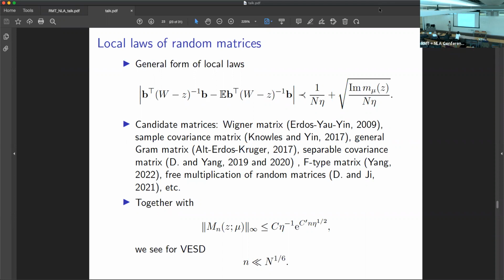You can also show that the infinity norm of the m part can be controlled in a certain exponential way. Combining these two, the best we can do so far is n to the power 1 over 6, but I will show it in the figure. We believe that once n is much smaller than big N, the result should be true, but at least so far we can do up to here.